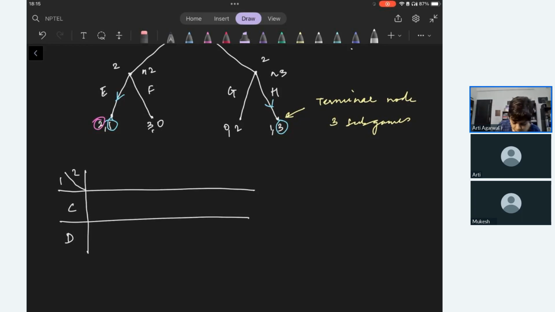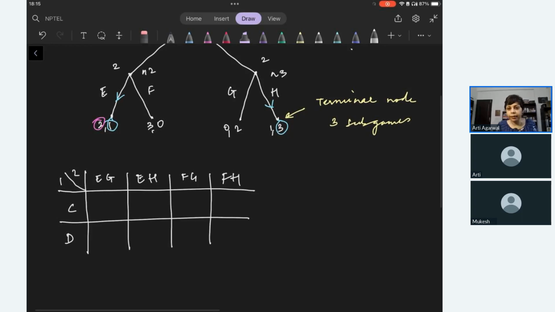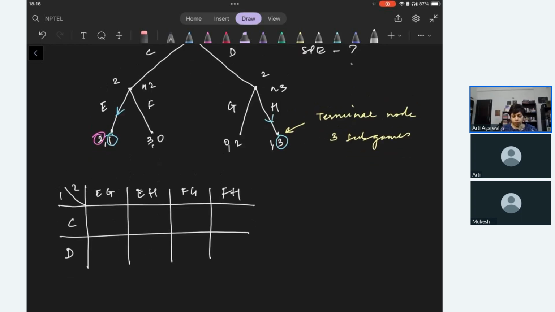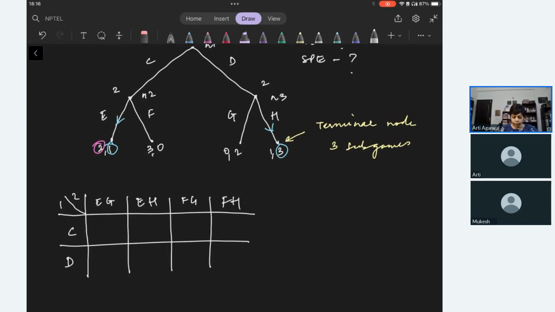Okay, and why we are writing it like this, you'll understand in a moment. It's important to write it like this and not in some other normal way which you have been writing till now. So now let's see, if player 2 is playing EG and player 1 is playing C, then what is happening?